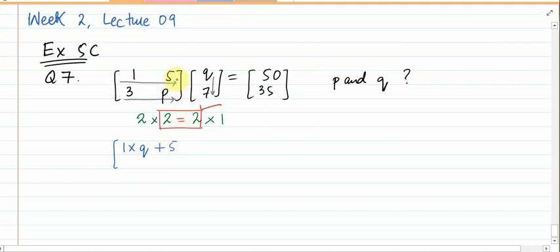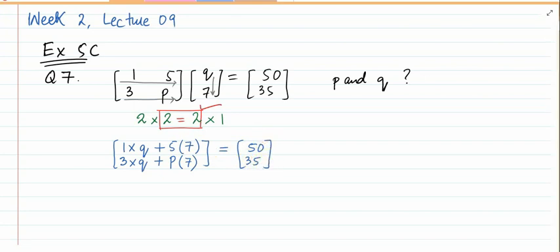Now 5 is on the head side, so head will be multiplied with head. So 5 times 7. Same in the second row. 3 on the tail side will be multiplied with the tail, that means Q. So 3 times Q plus, now we are standing at P and P should be multiplied with 7. On the right side we have 50 and 35, it remains the same.